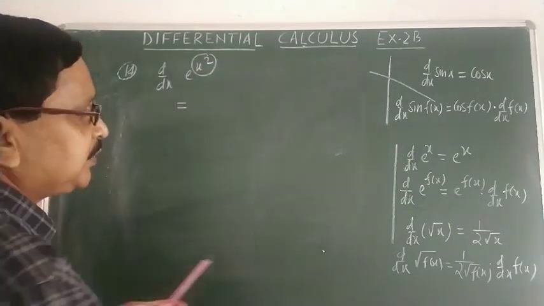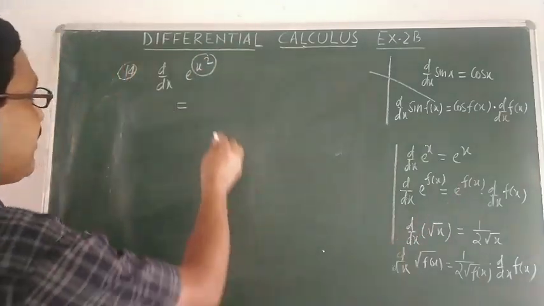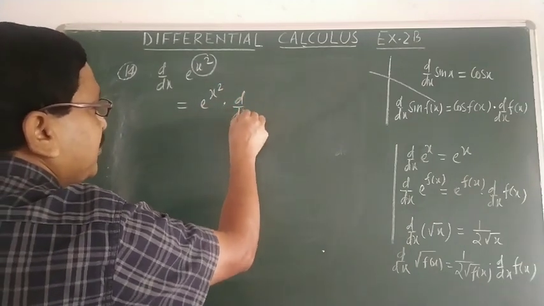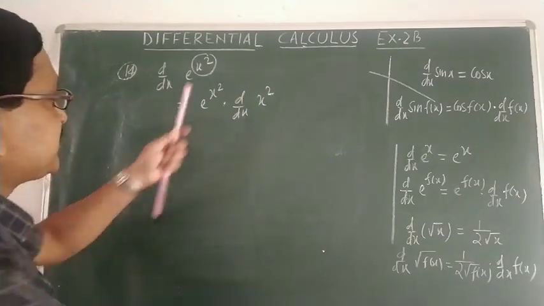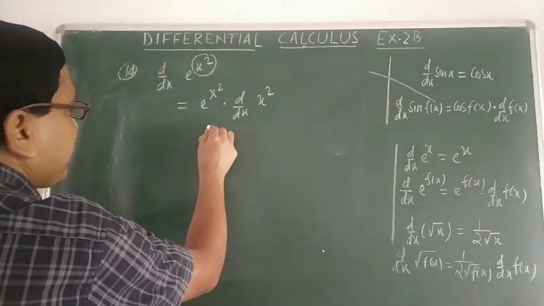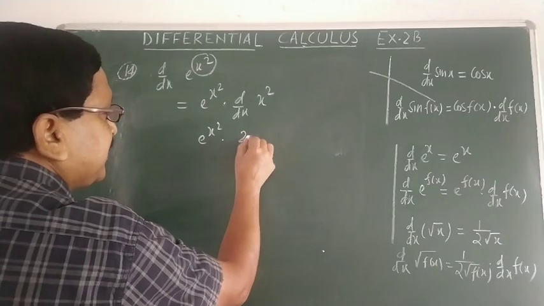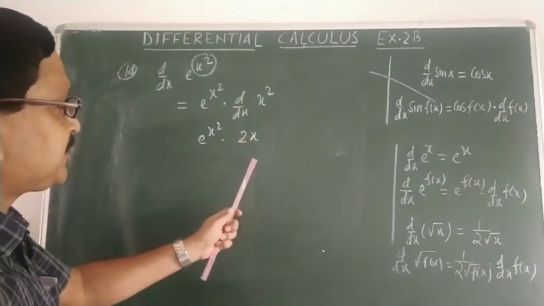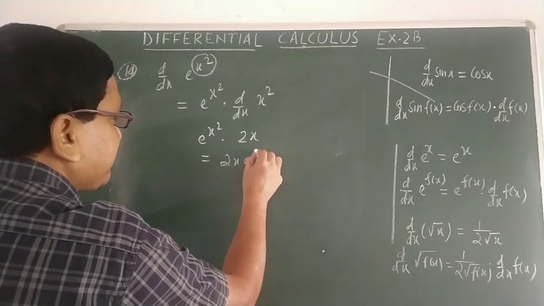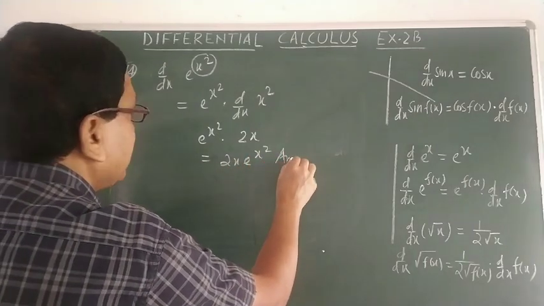So according to this formula, e to the power f(x), e to the power x square into d by dx of this f(x). f(x) is x square. So e to the power x square, and you know that d by dx of x square is 2x. So your final answer is 2x e to the power x square.